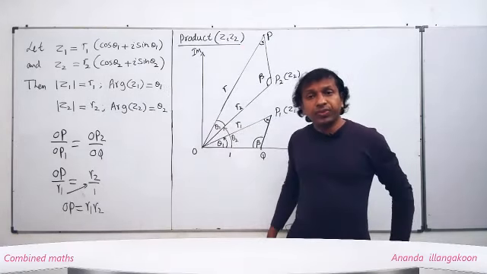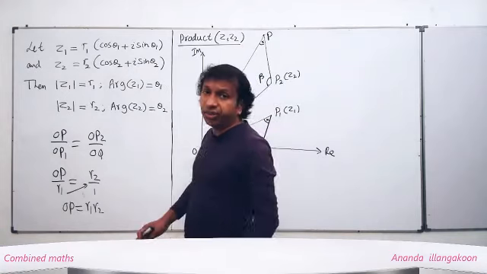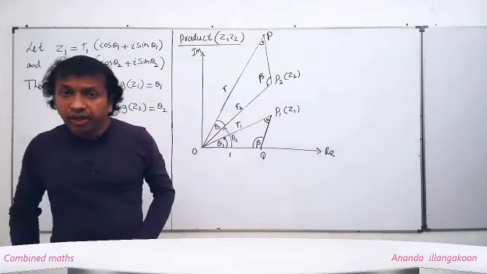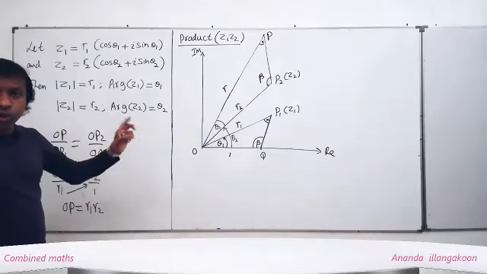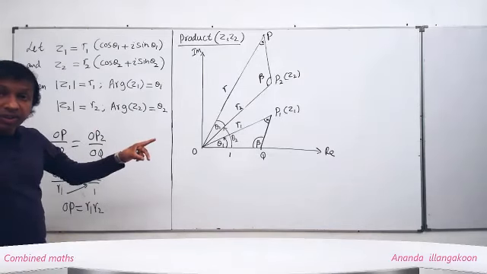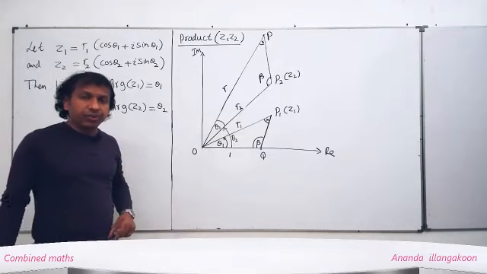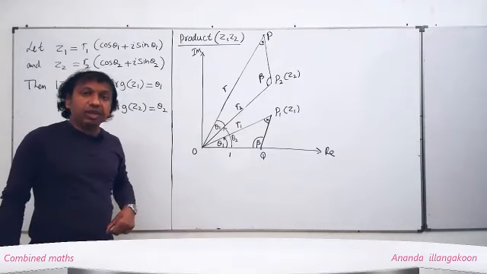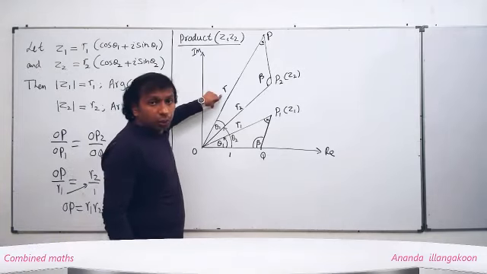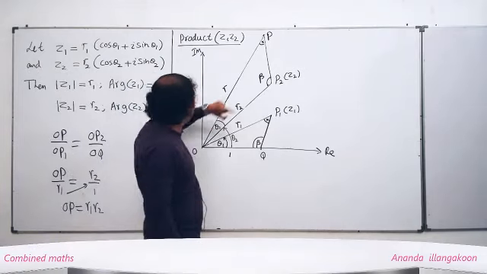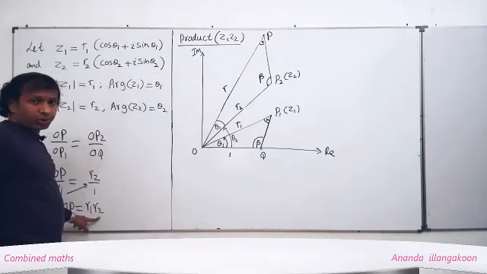Now correct me. What line segment represents the product Z1 Z2? The line segment which has the length R1 R2 product, making an angle θ1 plus θ2 with the real axis in the anticlockwise direction. Both properties now belong to this line segment OP. The length from here to here, OP, we just now found is R1 R2 product.